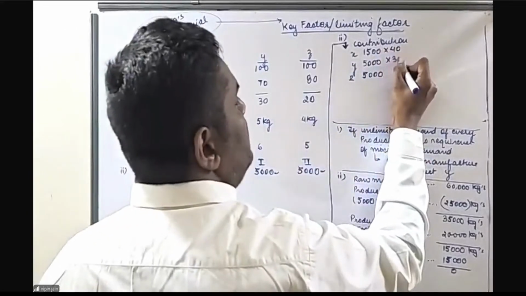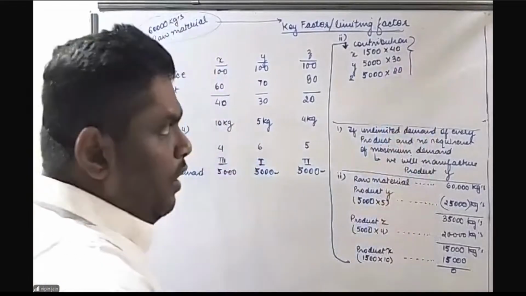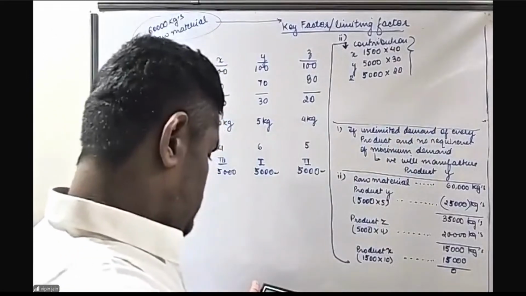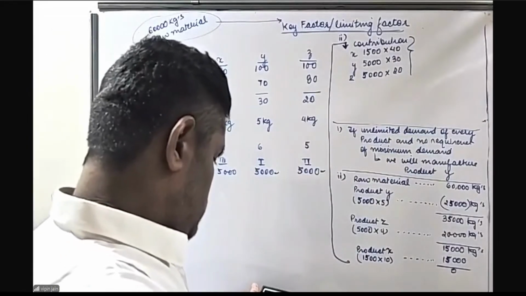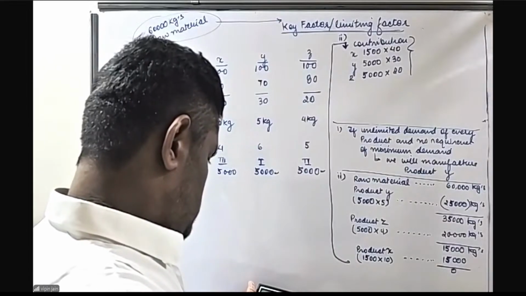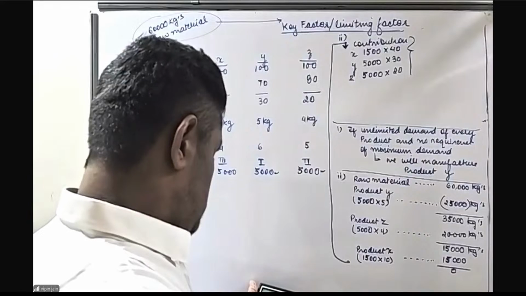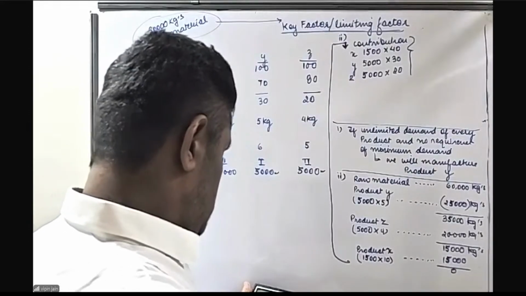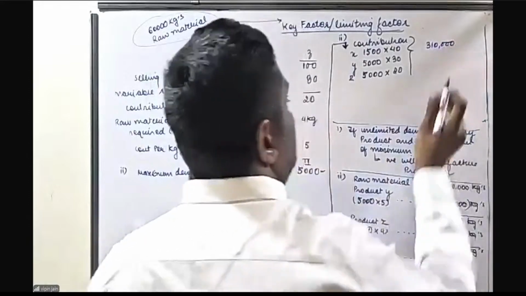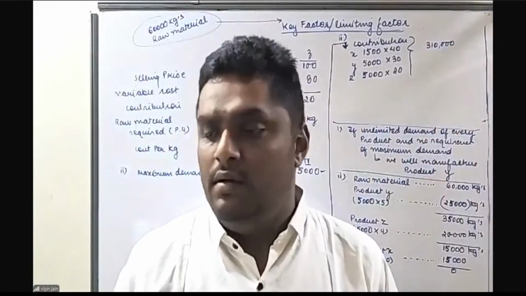For Y it is 30 and for Z it is 20. So accordingly, my total contribution will be 3,10,000. And with the given constraint, this is the highest contribution we can earn.